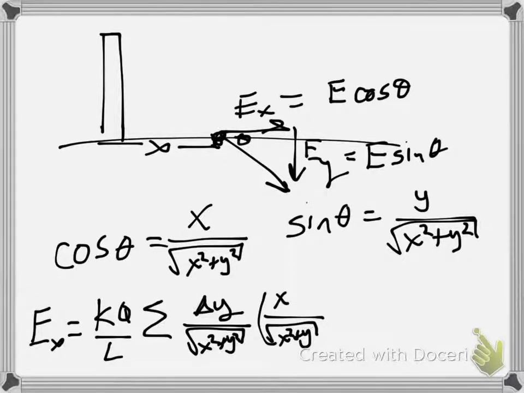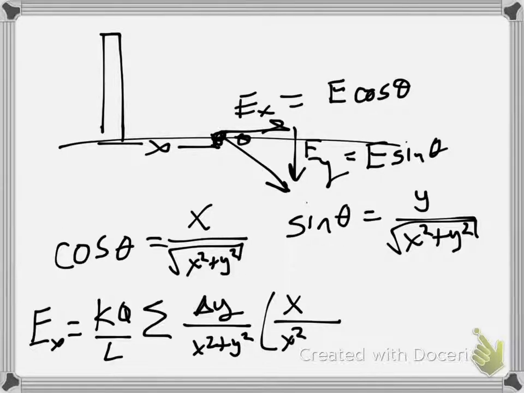Oh my gosh, I did it again. I keep forgetting to square that bottom, sorry. X squared plus y squared, and then we can go times x over the square root of x squared plus y squared. And that is a square root, so haha, I do have that.